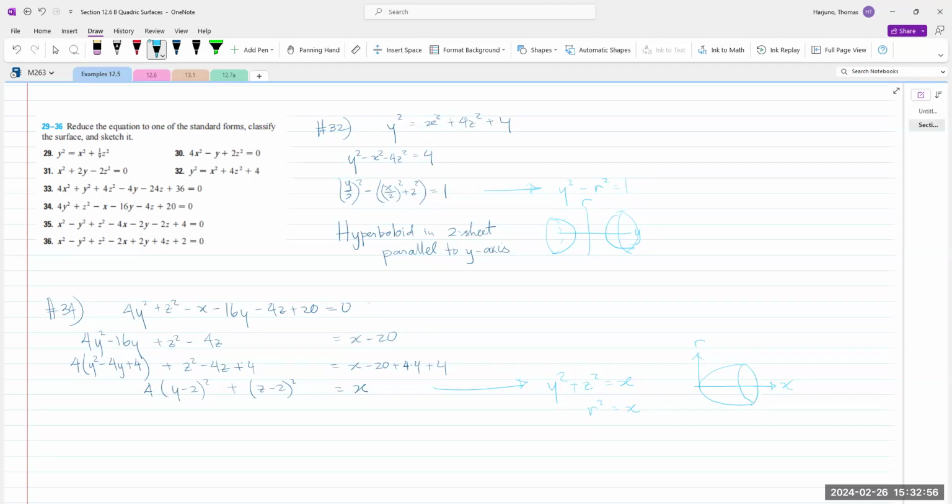Now if we go back to here, this is a paraboloid centered at (0, 2, 2), open to the positive x-axis direction.